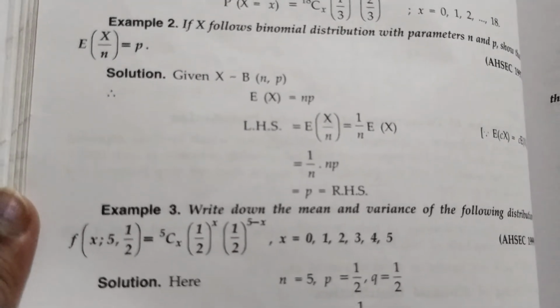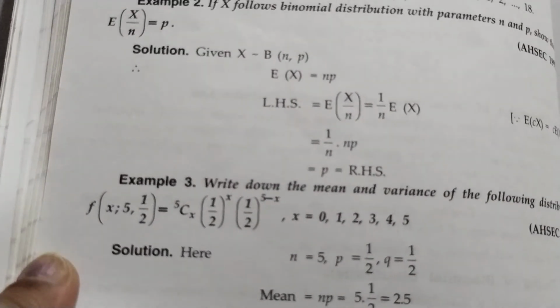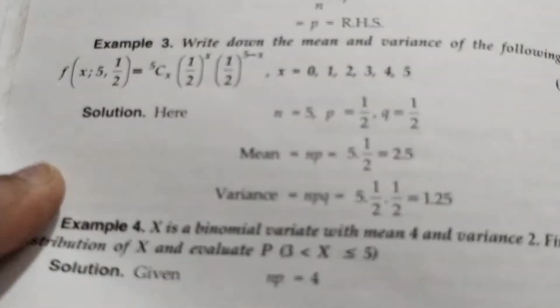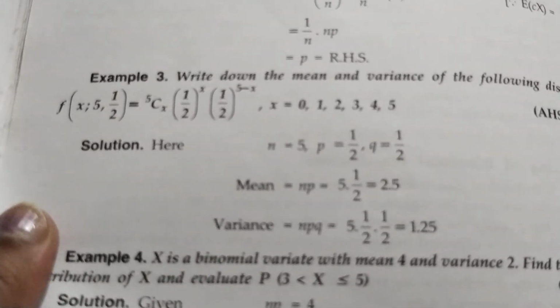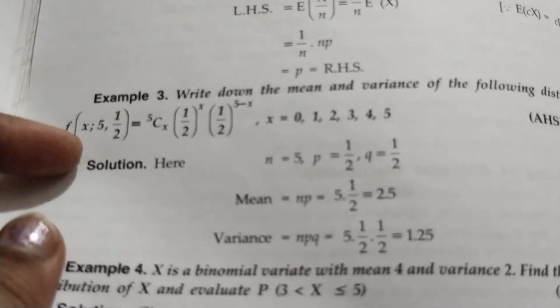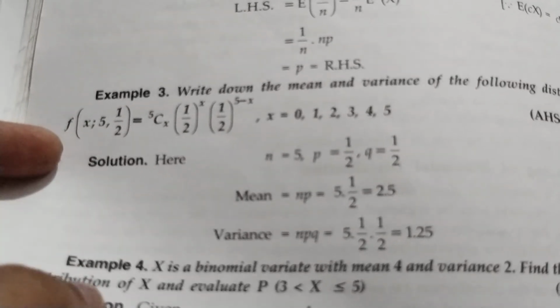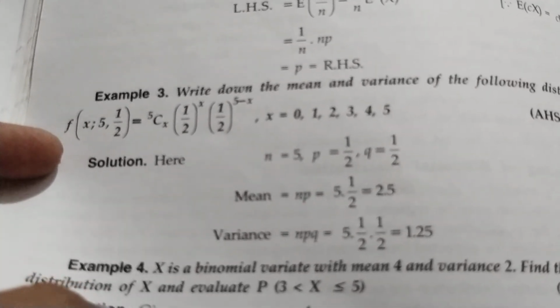Now let us look at the third one. Here it says, write down the mean and variance of the following distribution. You are asked to find the mean and variance of the following probability distribution function, where x goes from 0 to 5.